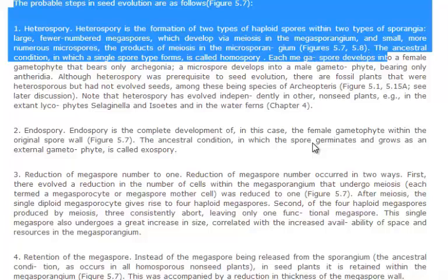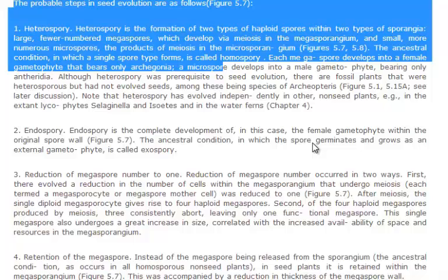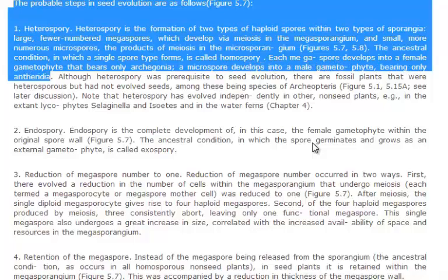Each megaspore develops into a female gametophyte that bears only archegonia. A microspore develops into a male gametophyte bearing only antheridia.